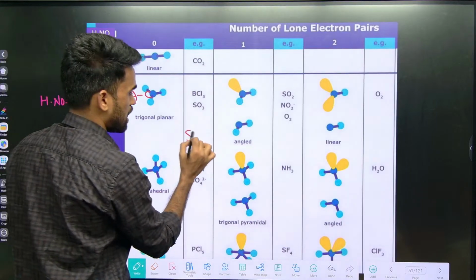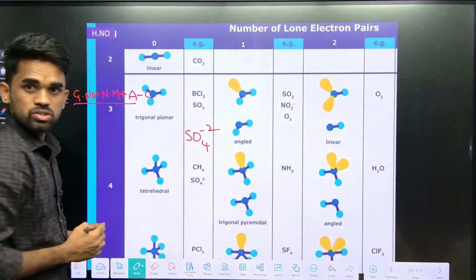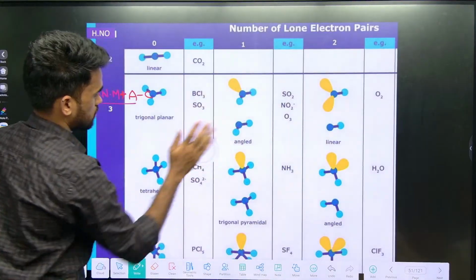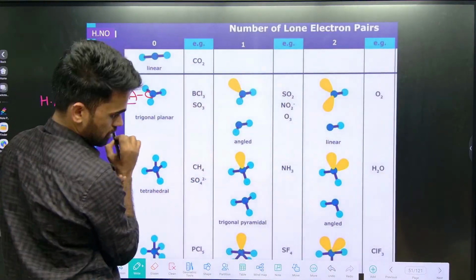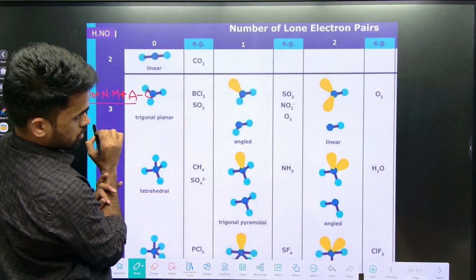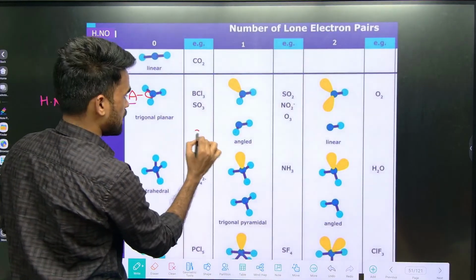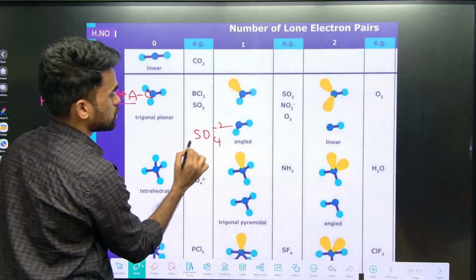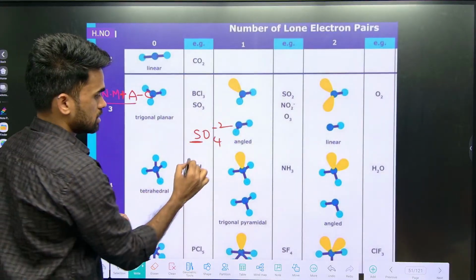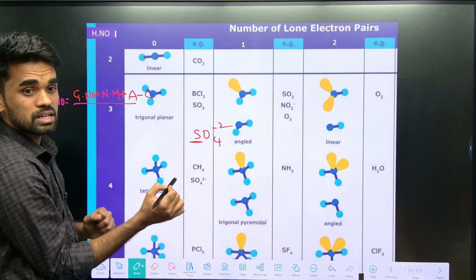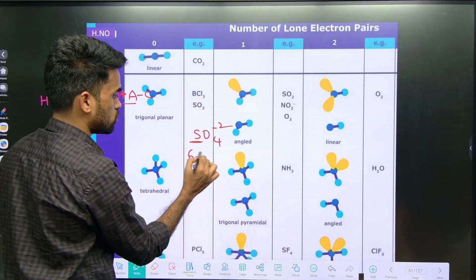Take the sulfate ion. What is the group number of the central atom? 16, but valence electrons are 6, so take 6 only, don't take 16.